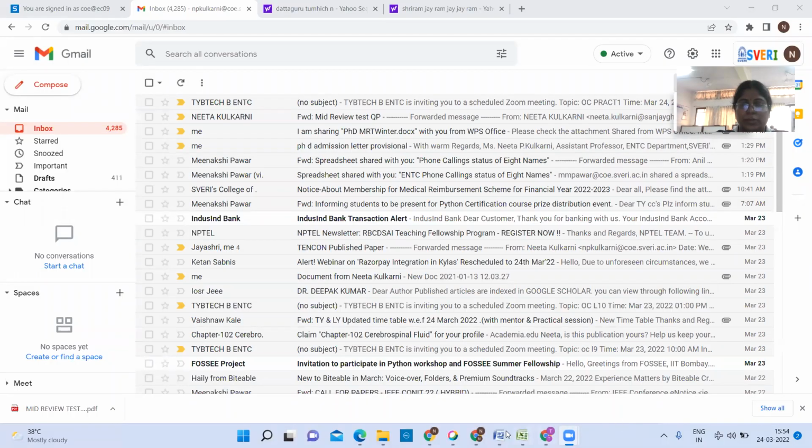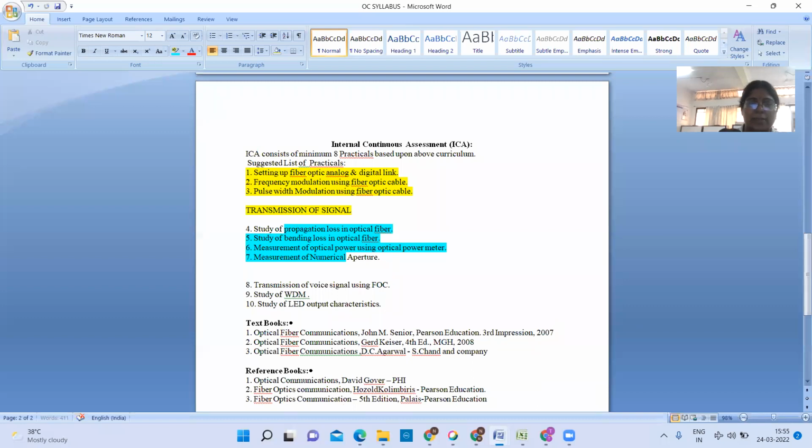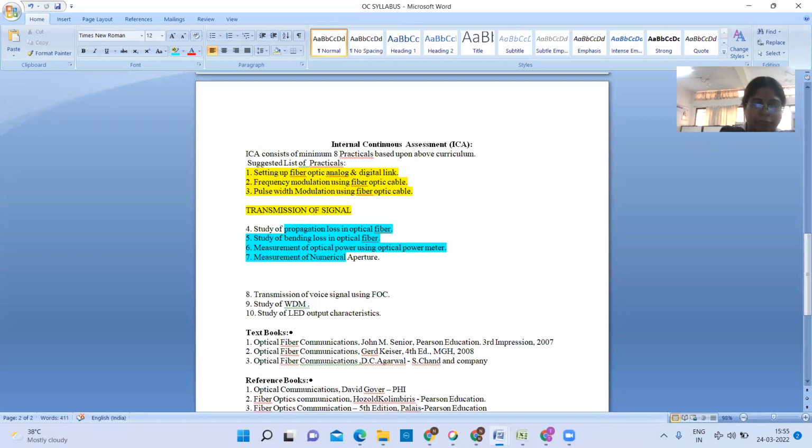So this one I was discussing. So experiments number 4, 5, 6, 7, we can say these are based on what? Measurement of various optical parameters. Okay, so these next 4 experiments are based on measurement of optical parameters.